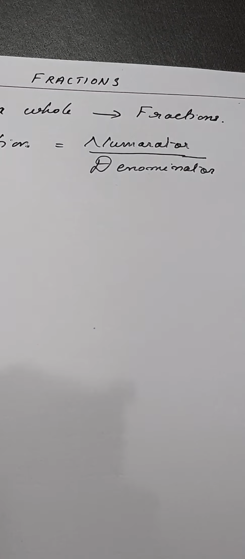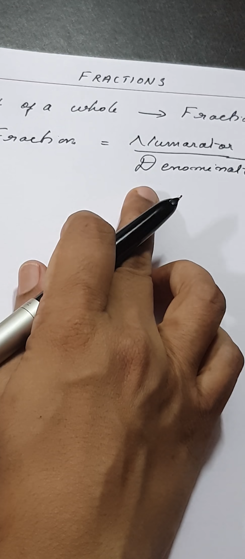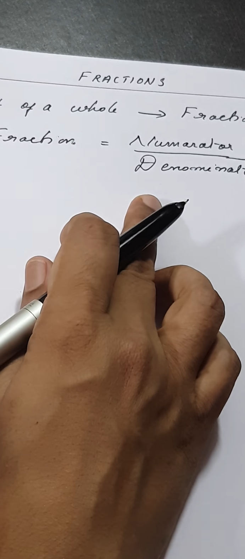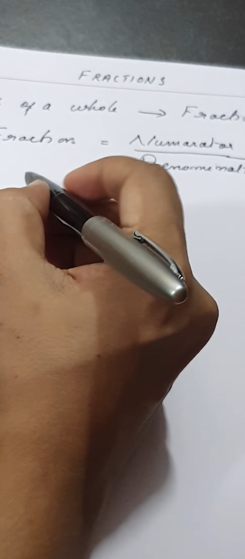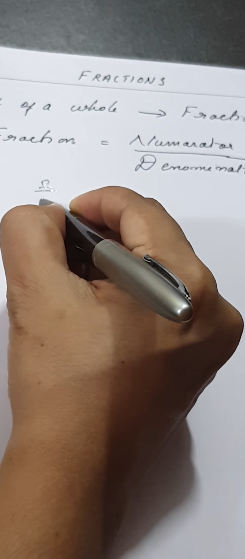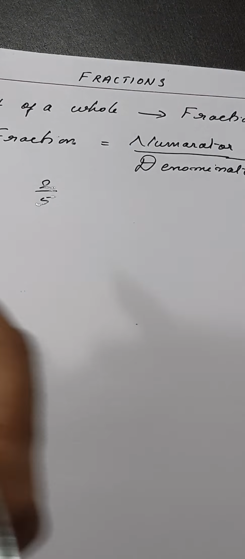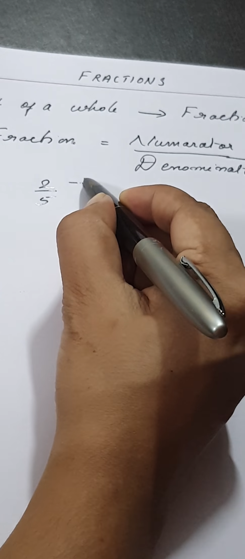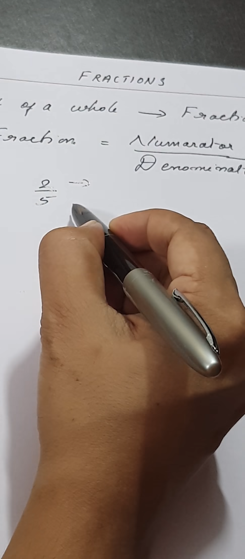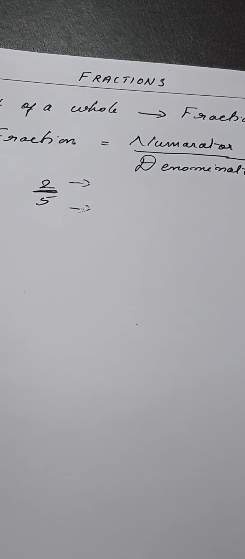Like this we will express the fraction. Consider the example 2 by 5. In this, 2 is the numerator and 5 is the denominator, and this bar is known as vinculum.